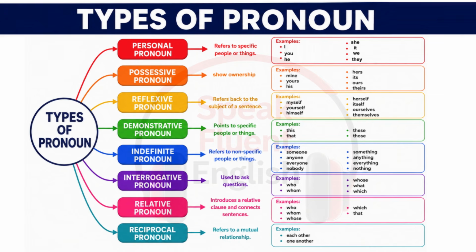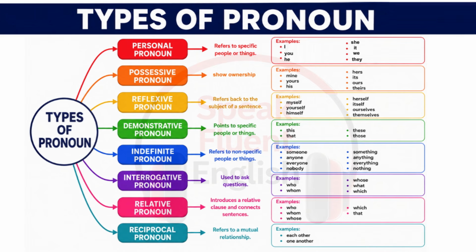Today, I'm going to explain the different types of pronouns in English. Pronouns are very useful words because they replace nouns, avoid repetition, and make our sentences smoother and easier to understand.